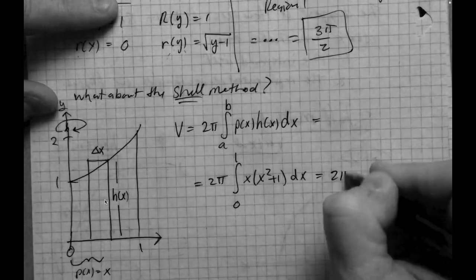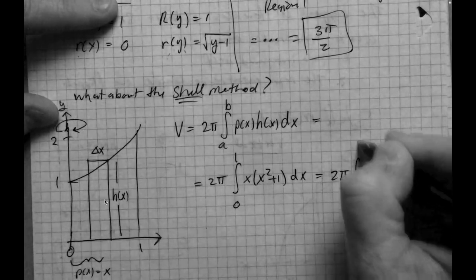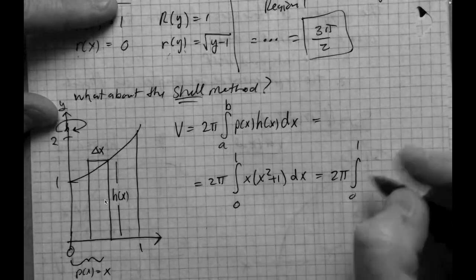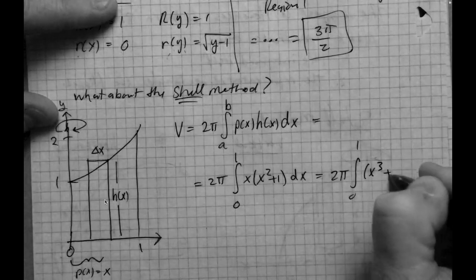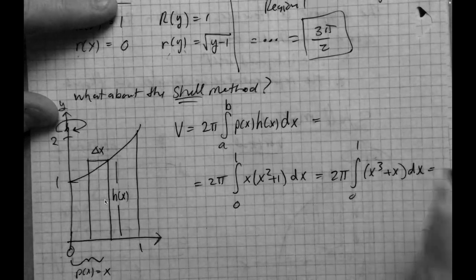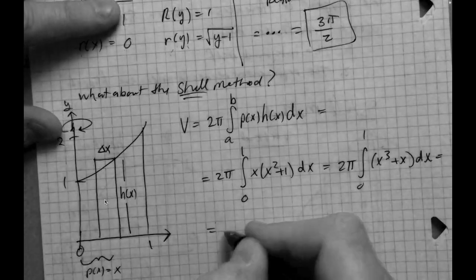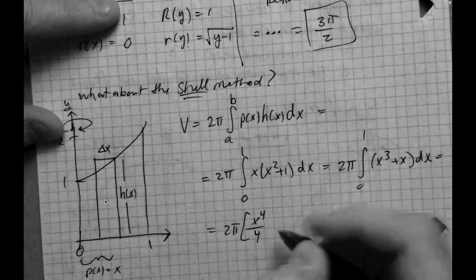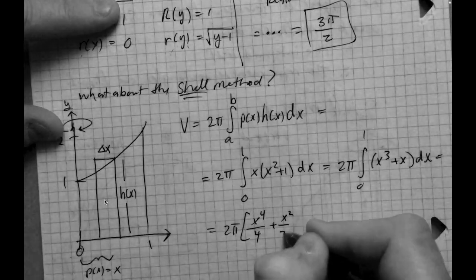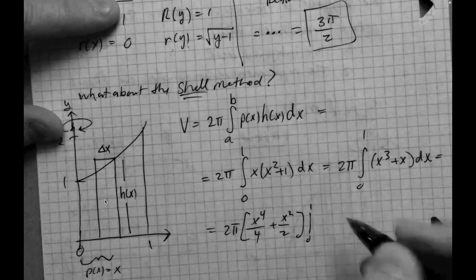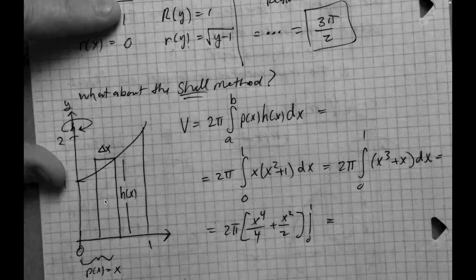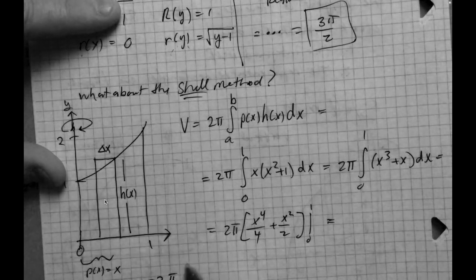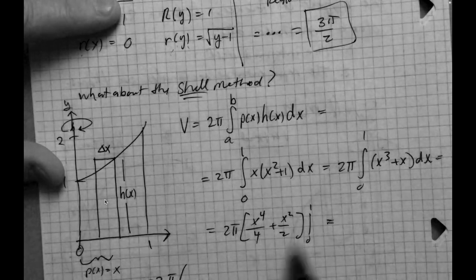So we can do this really quickly. This will be x cubed plus x. All right. And so what do we get? We get x to the 4th over 4 plus x squared over 2 from 0 up to 1. And plugging in, the 0 will be nothing.